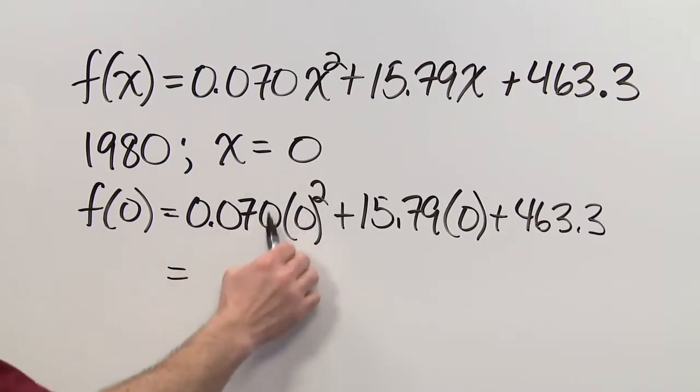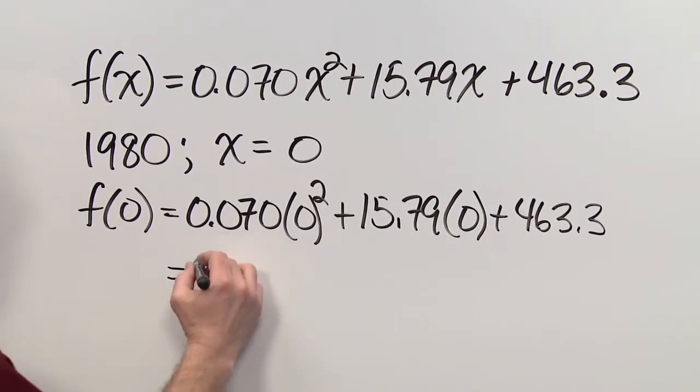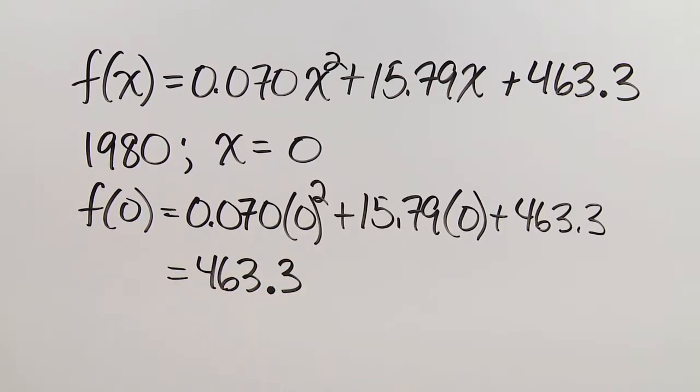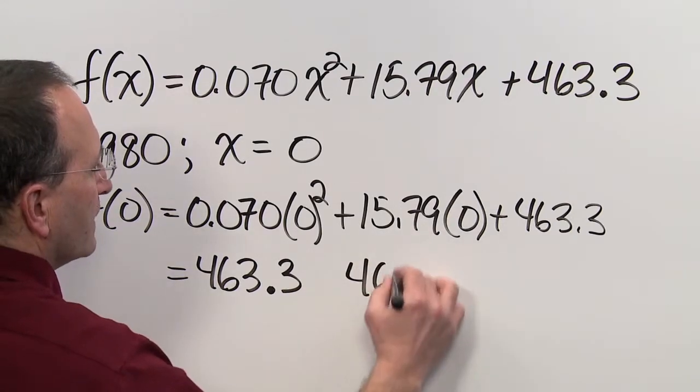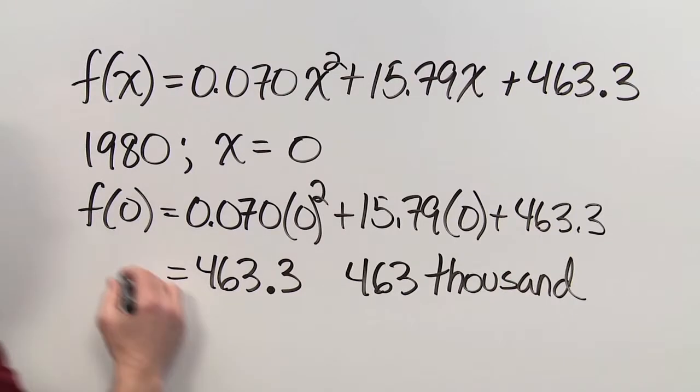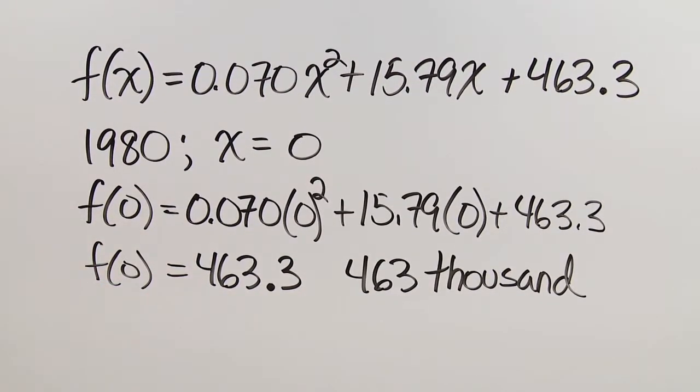And of course, this is 0, which then gives us 463.3. Now, that's 463.3 thousand. We're asked to round to the nearest thousand, so it would be 463,000. And that's the value f of 0, which corresponds to 1980.